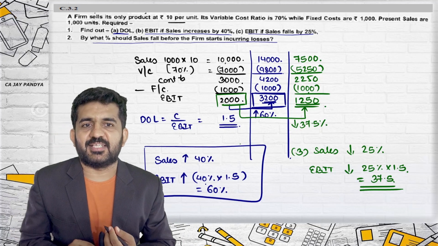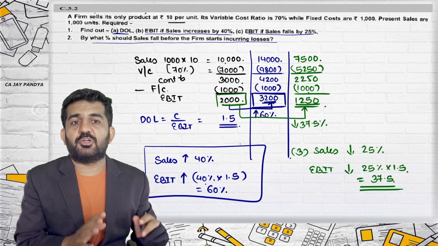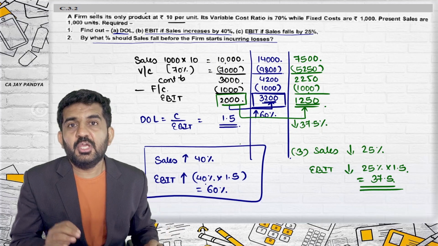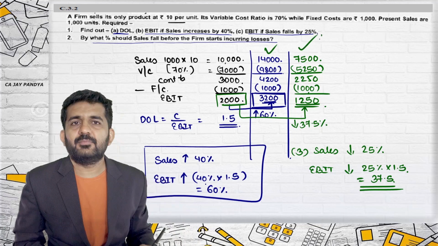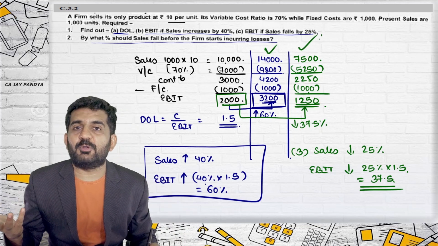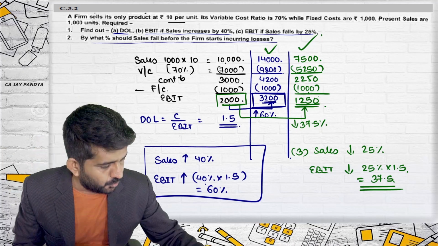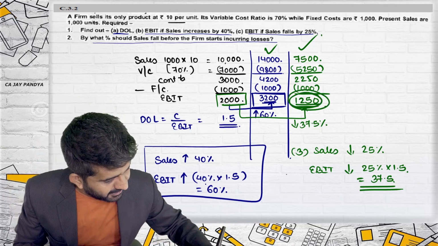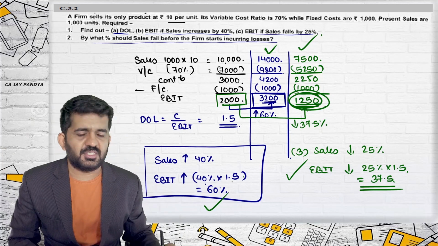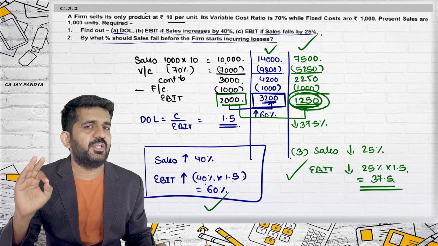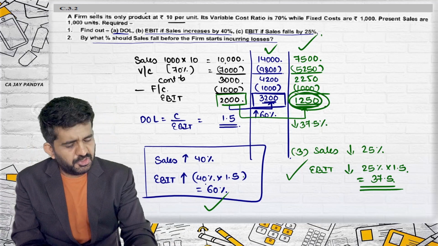Our answer is correct. So every time before you start leverage, try to solve this question. You could have decreased the sales by 25% and found the answer that way, but I want the answer in this manner. If you are able to find the answer in this manner, your concept of degree of operating leverage is absolutely clear.